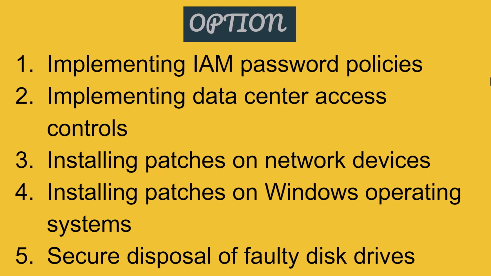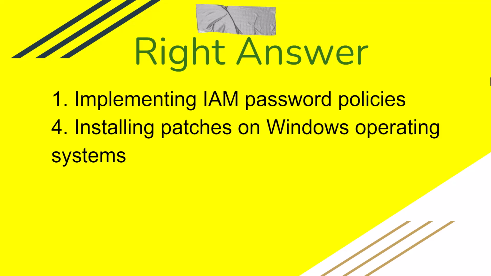Installing patches on network devices. 4. Installing patches on Windows operating systems. 5. Secure disposal of faulty disk drives. Right answer is 1. Implementing IAM password policies. 4. Installing patches on Windows operating systems.